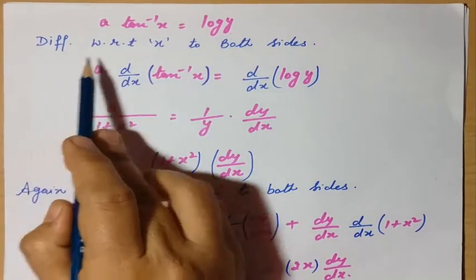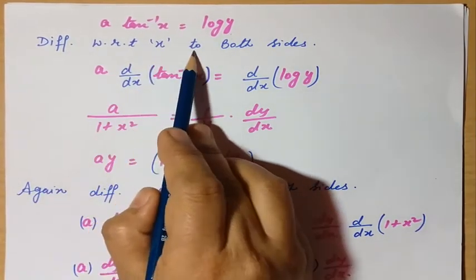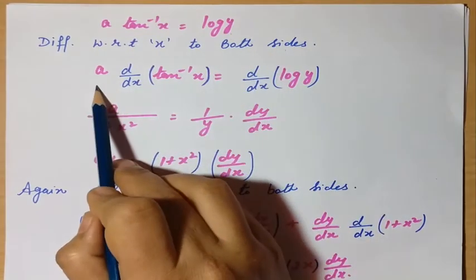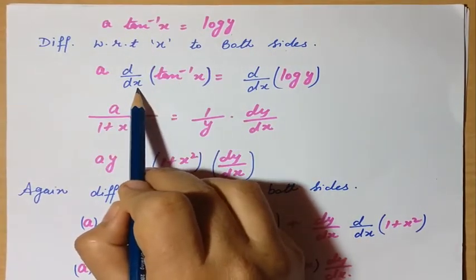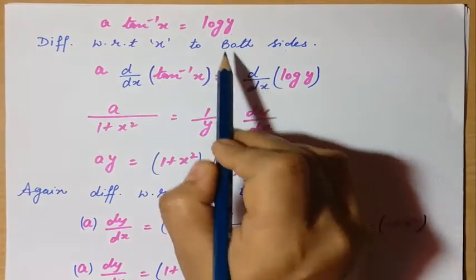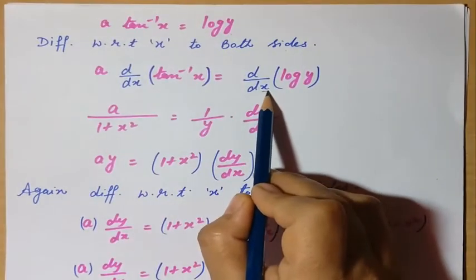Now we will differentiate the function with respect to x on both sides: a times the differentiation of tan inverse x with respect to x, and then the differentiation of log y with respect to x.